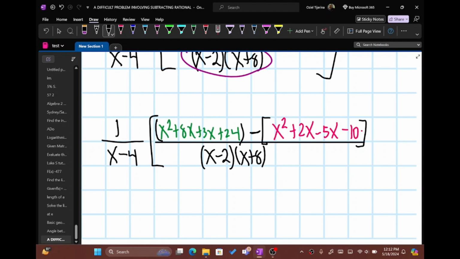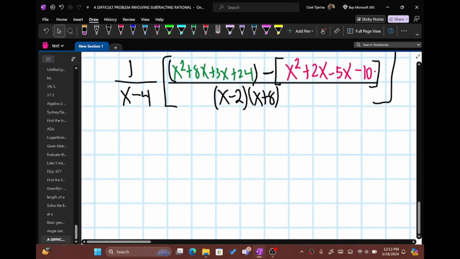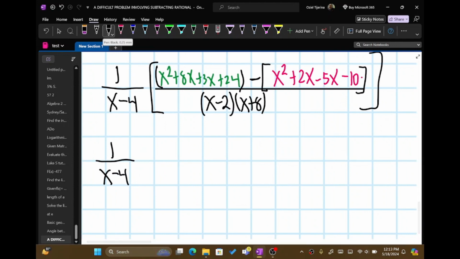So then this is what we end up having. And now we can combine the like terms. We have 1 over x minus 4, so the 1 over x minus 4 will stay outside for now. We'll distribute it at the very, very end of this problem.